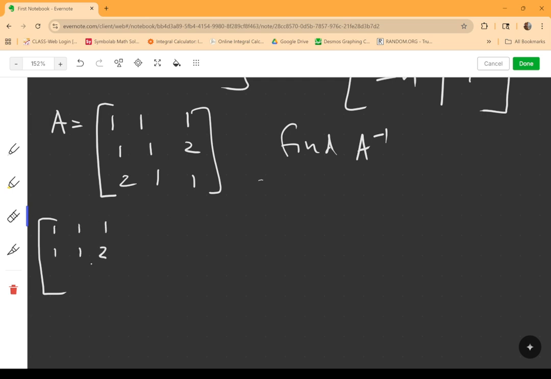Okay, so let's start with the matrix with rows 1, 1, 1; 1, 1, 2; and 2, 1, 1, and I want to find A inverse. We'll start off with our augmented matrix: 1, 1, 1, 1, 1, 2, 2, 1, 1, and I'm going to augment it on the other side with I3.